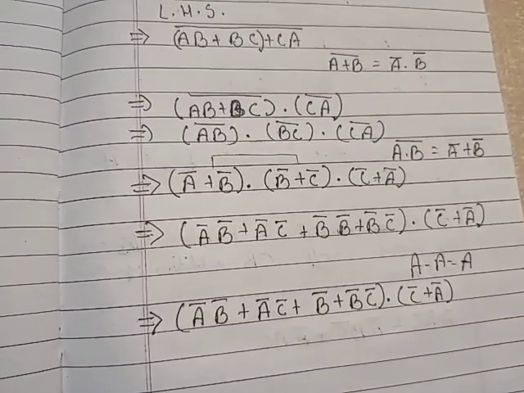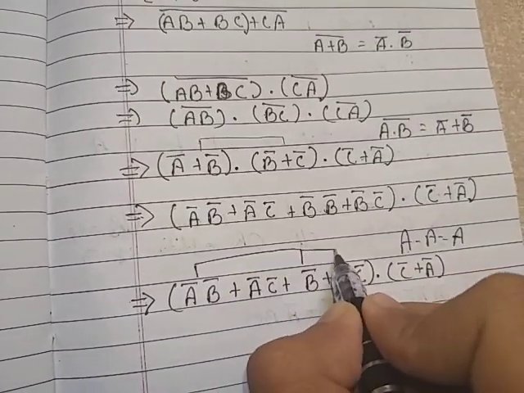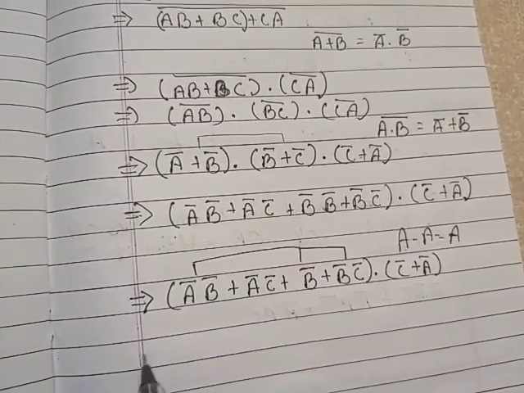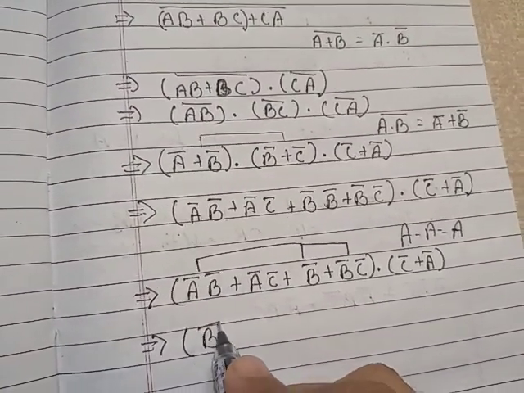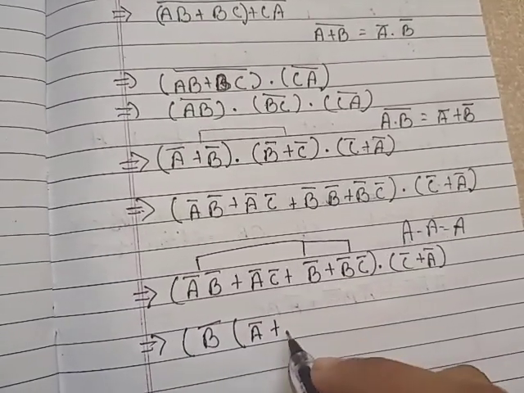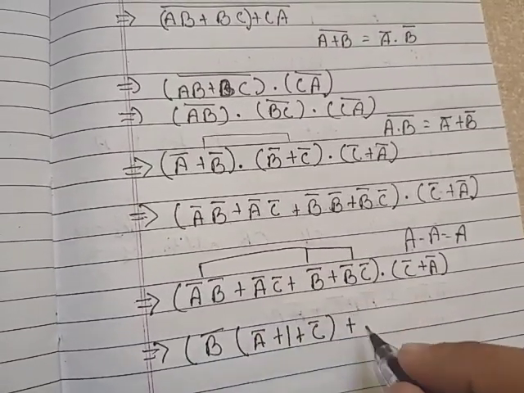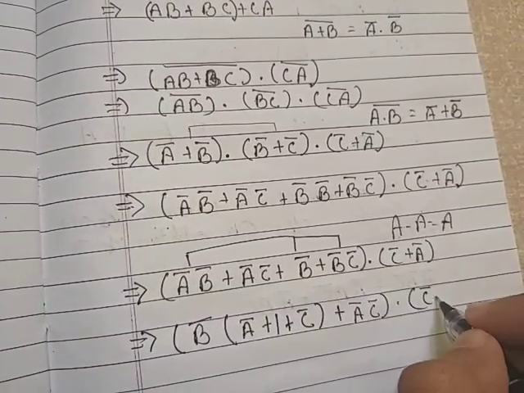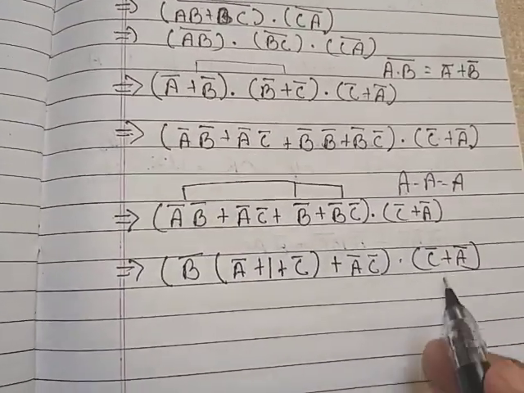Now from these three terms, first, second and third, B bar, B bar and B bar, so taking B bar as common, remaining is A bar plus 1 plus C bar, plus this term A bar C bar dot C bar plus A bar. Now we know that 1 plus anything is equal to 1.